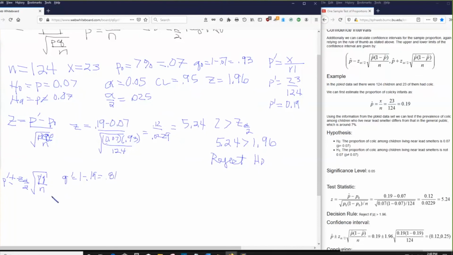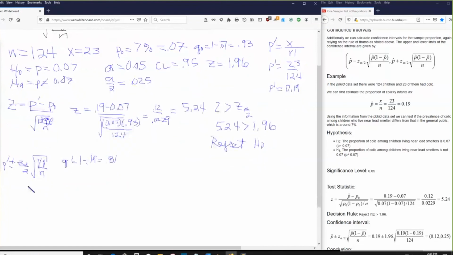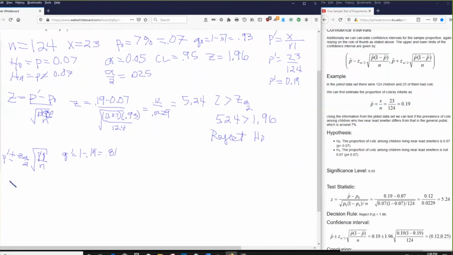So that makes my confidence interval 0.19 plus or minus 1.96 times the square root of 0.19 times 0.81 all over 124.